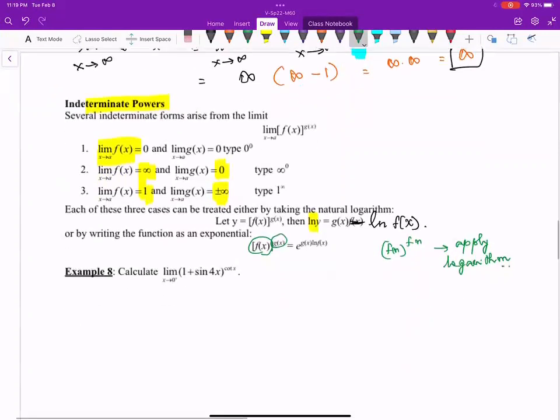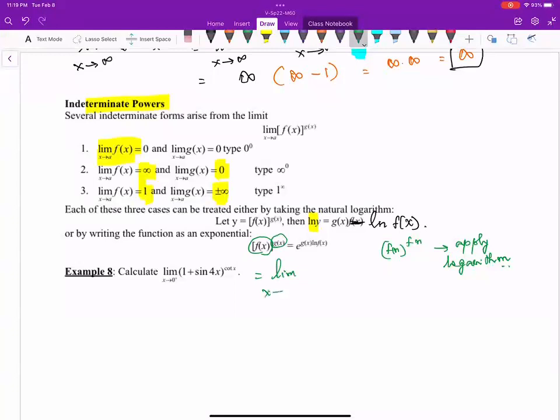Okay. So calculate the limit as x approaching 0 from the right of (1 plus sine of 4x) to the exponent cotangent x. First we will directly plug and play, and then we will take the logarithm on both sides. So let's see what happens if I directly plug and play.